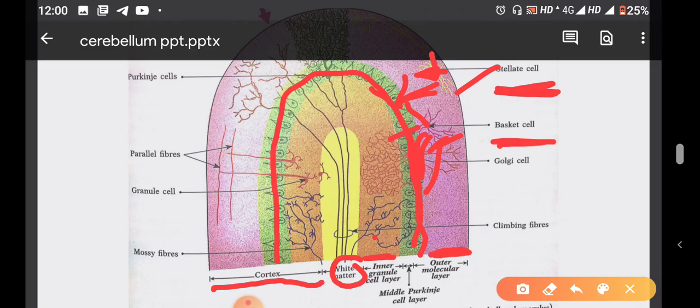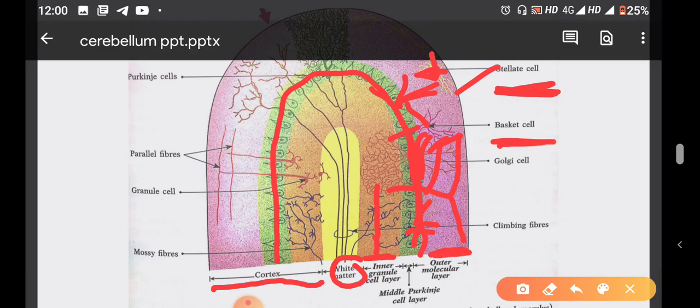The nerve fibers that are present in the molecular layer are parallel fibers. Parallel fibers arise from the granule cells. The granule cells move up and give rise to the parallel fibers like this, and these parallel fibers are present in the outer molecular layer. It also consists of the dendrites of Purkinje cells, which are present in the outer molecular layer.